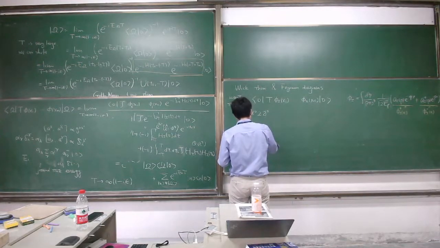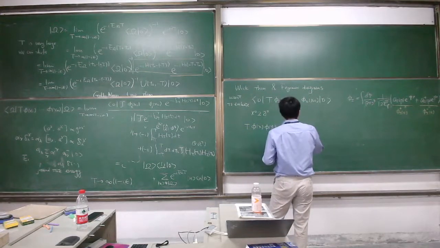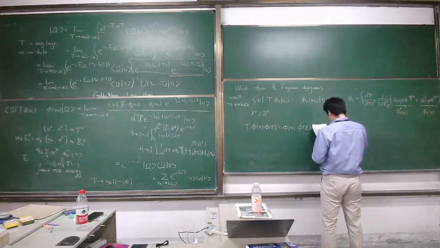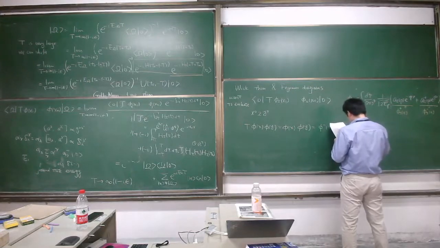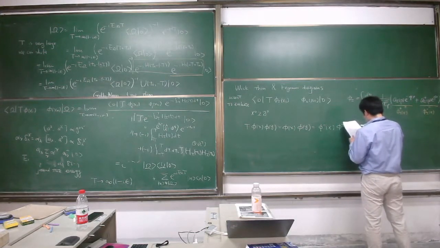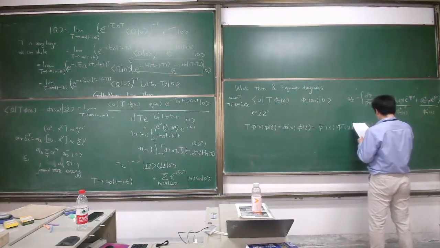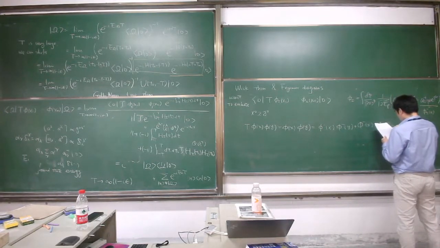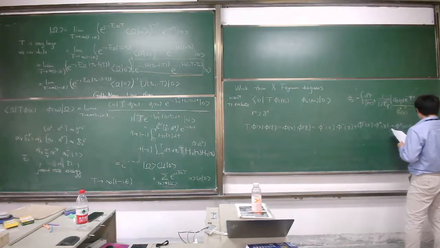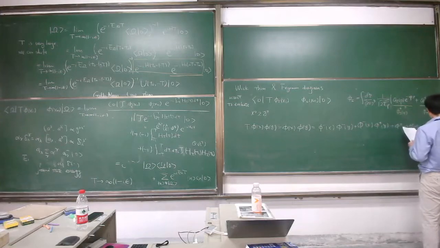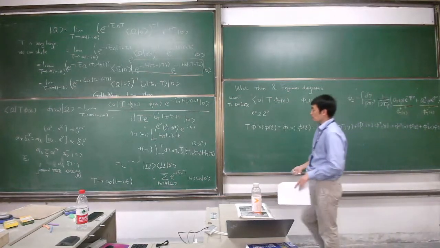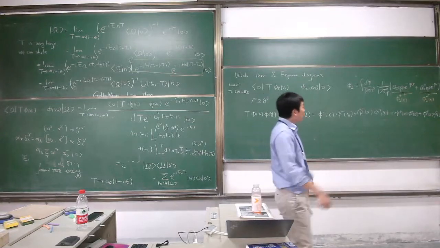Then the time ordering of phi x and phi y is equal to phi minus x. Okay, we decompose this way.